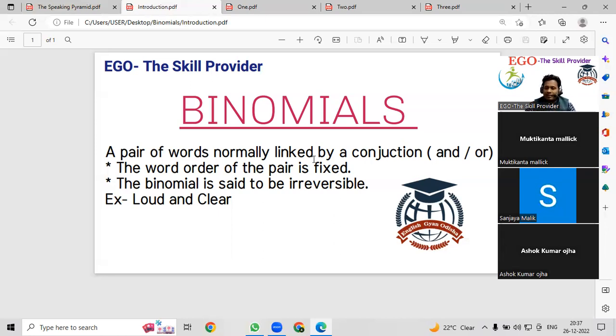Let me give an example here. Suppose I say loud and clear. If I say loud and clear, that means you cannot say clear and loud. A plus B equal to B plus A may be applicable in mathematics, but whenever it comes to binomials, the order is irreversible.